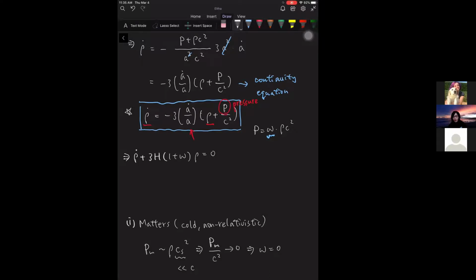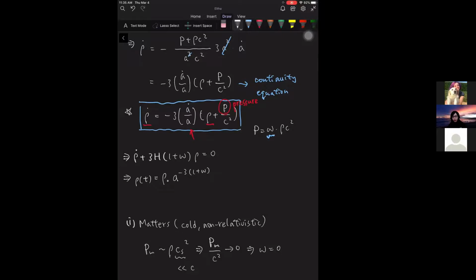And with this differential equation, we can easily verify that the solution is rho equals rho naught, the initial density, times a to the minus 3 times (1 plus omega). You can also easily verify this by plugging the solution into that differential equation.